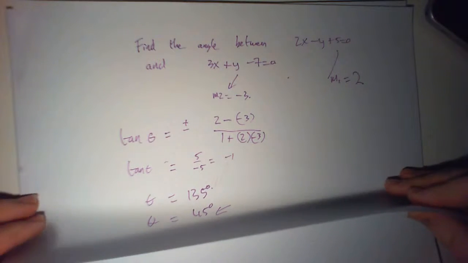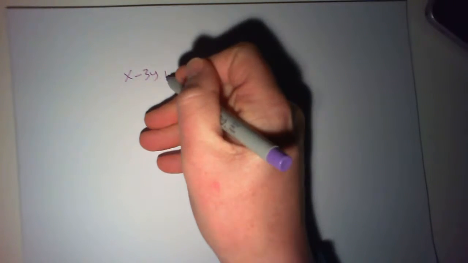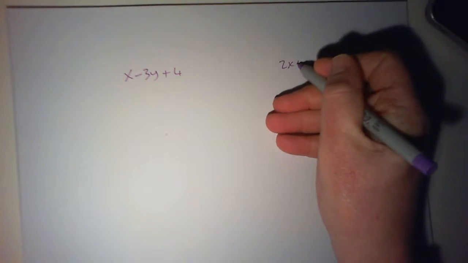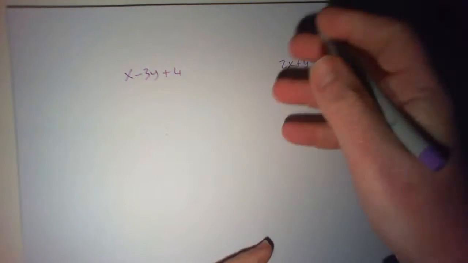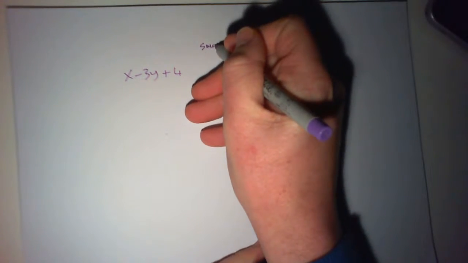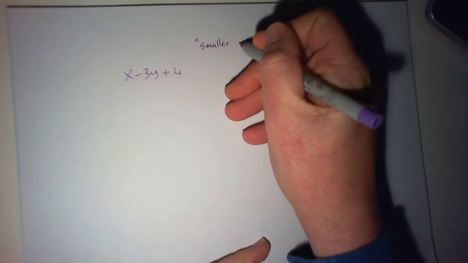Okay, we'll try another one. One piece of paper gone. Right. Let's try this one. Let's try and find the angle between x minus 3y plus 4 and 2x plus y minus 5. Okay, and we look specifically for the smaller angle.